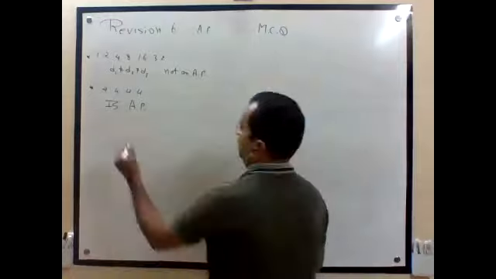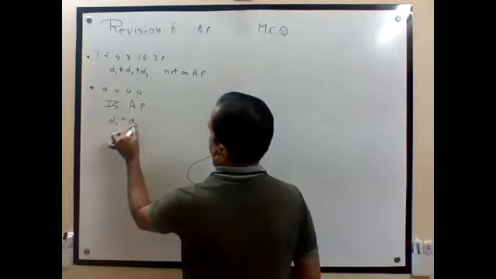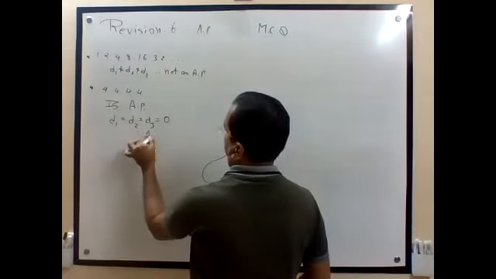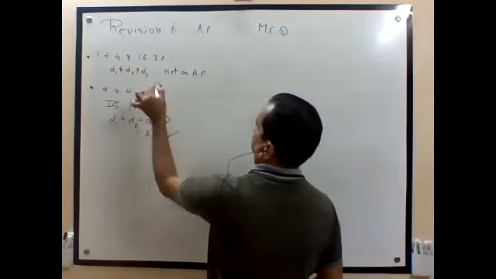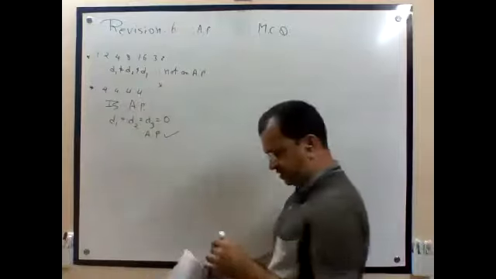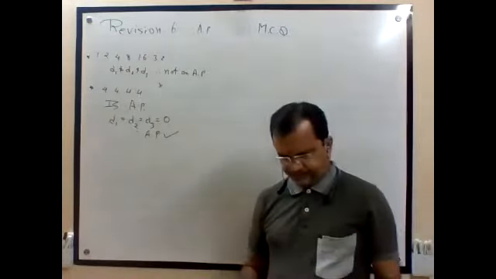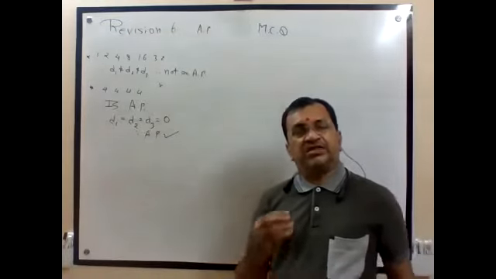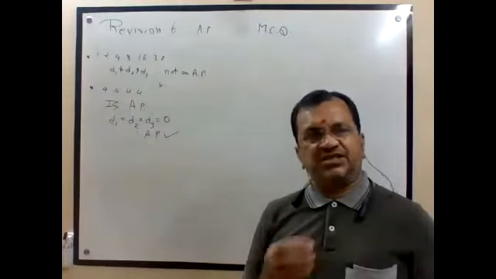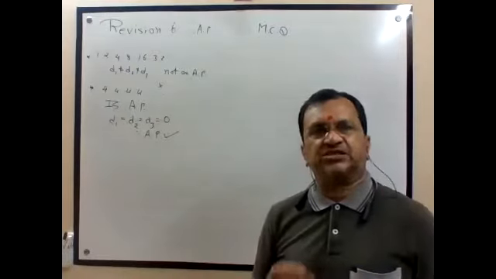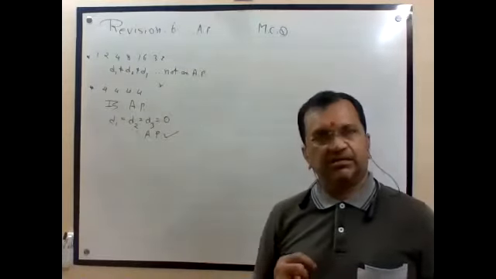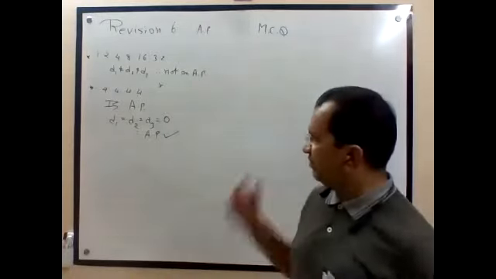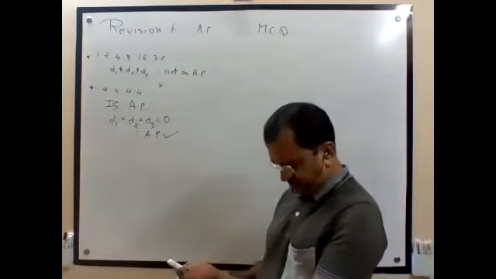D1, D2, D3 are equal. Upper one is not, this one is correct. This type of series, this type of AP, is known as constant AP, meaning where the difference is 0.